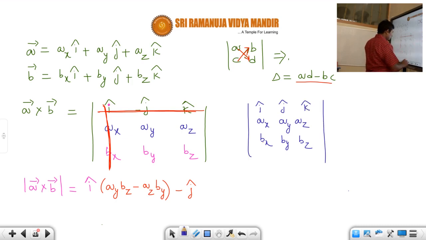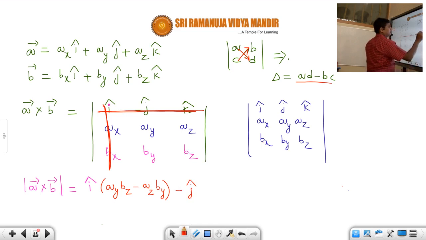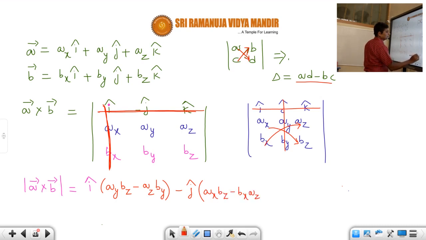Now the red line should be drawn in the column of J cap and in the row of J cap. That means these are eliminated. The remaining are this one and this one. So that means minus J cap into AX BZ minus BX AZ.